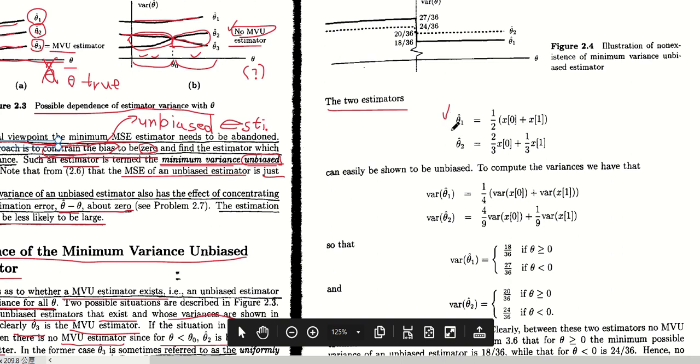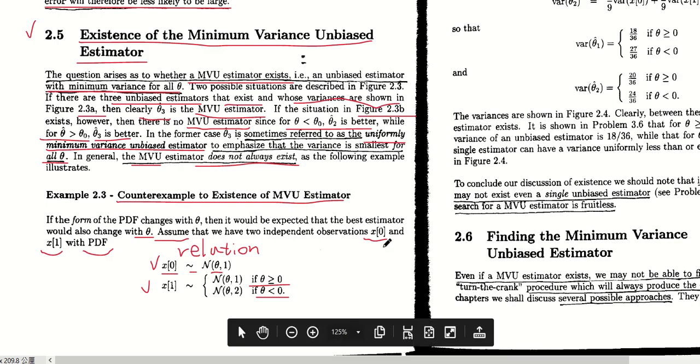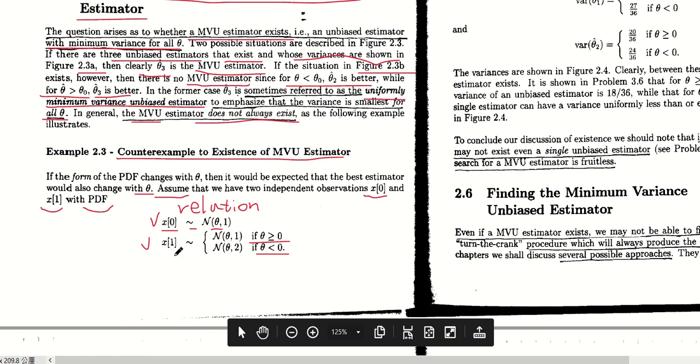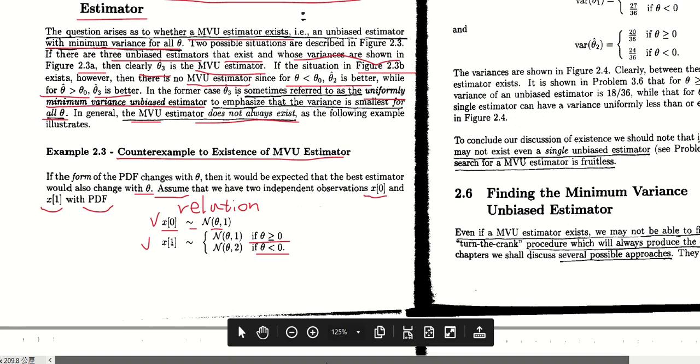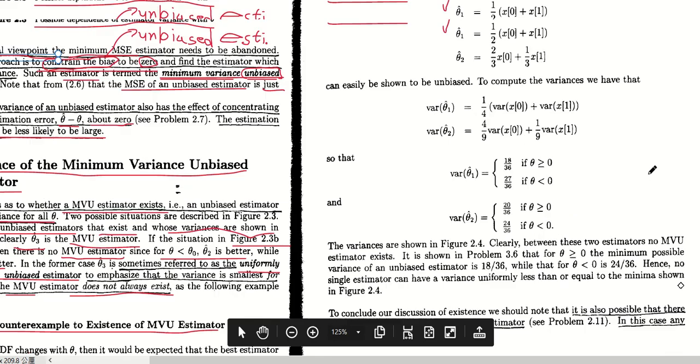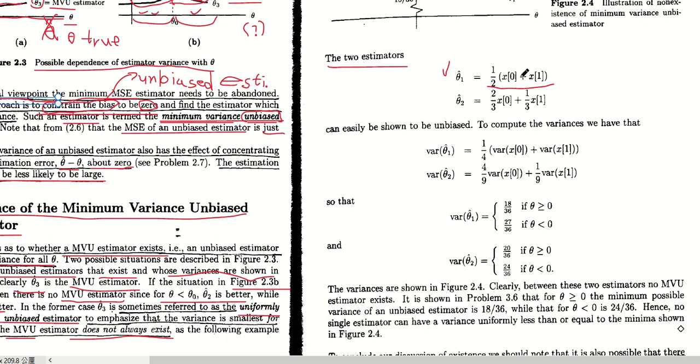Then the two estimators. If you have two observations and they relate to theta as the mean, then the natural selection is you take the average: x0 plus x1, and take the average.